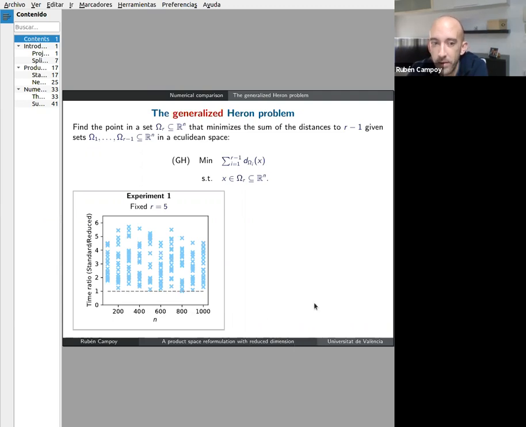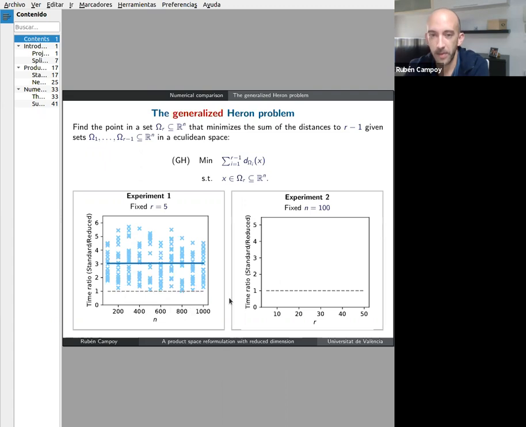So for every instance, reduced DR was faster, or at least not slower, because we have something close to 1 here. And if we compute the average, or I think this is the least square regression line, we can say that on average, for all sizes, reduced DR was almost 3 or a bit more than 3 times faster than standard DR.